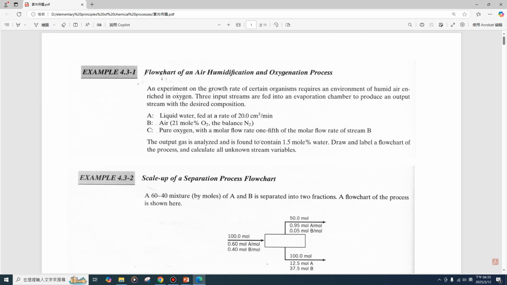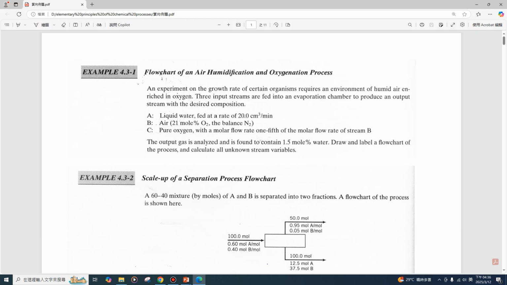The stream 3 is pure oxygen with a molar flow rate of 1/5 of the molar flow rate of stream B. So if this is 1, this will be 1 out of 5. This is the kind of condition.